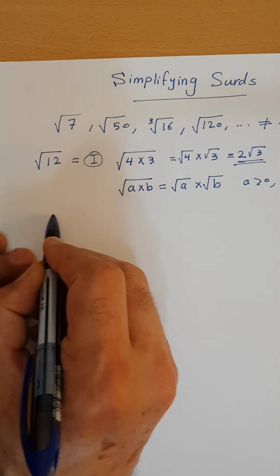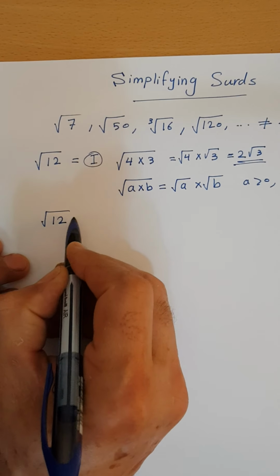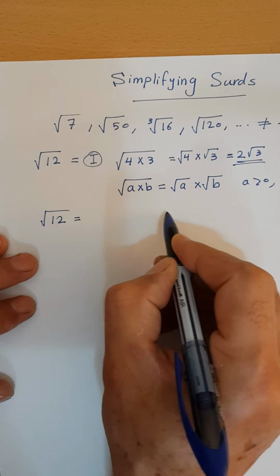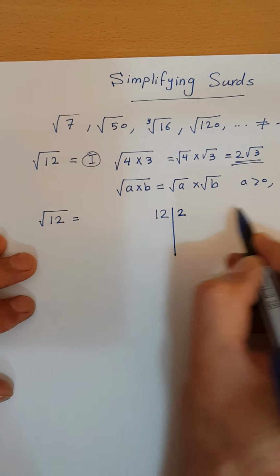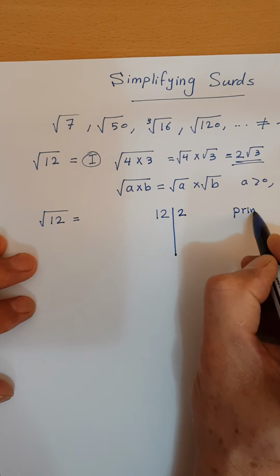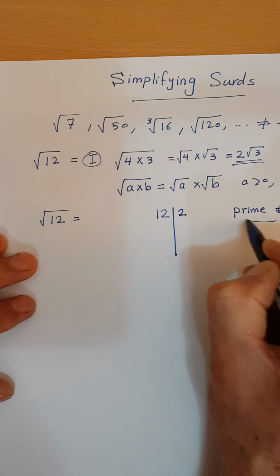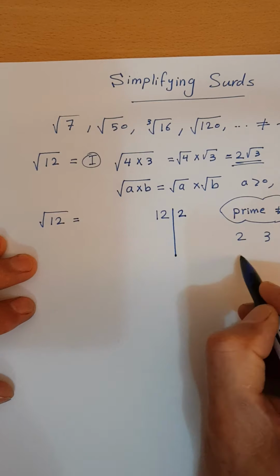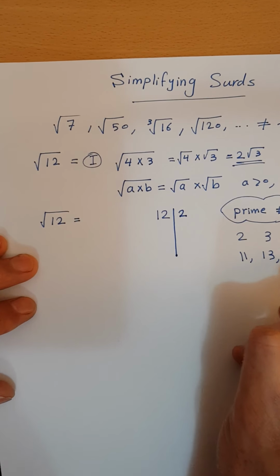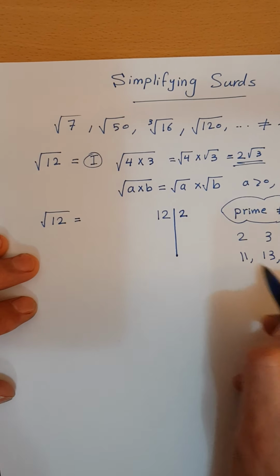Another method to calculate the square root of 12 is to factorize 12 into its prime factors. Divide only by prime numbers. Don't forget, prime numbers are 2, 3, 5, 7, 11, 13, 17, 19, and so on.